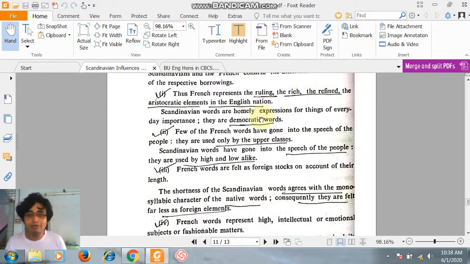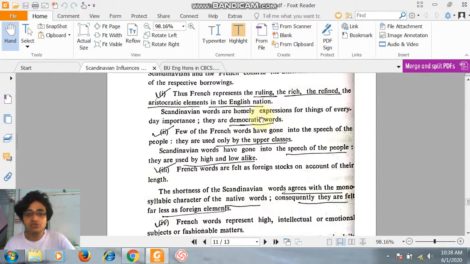They are democratic words. So remember, if a question comes that Scandinavian influence upon the English language is much more of a democratic character, you have to write about the Scandinavian influence and give an elaborate, proper, appropriate introduction, showing how Scandinavian words are homely expressions.